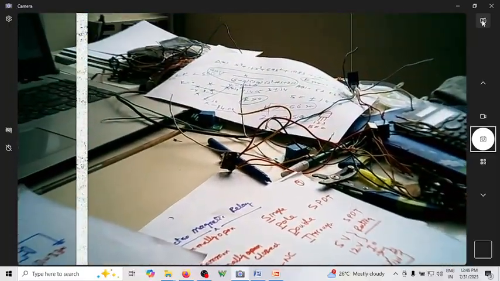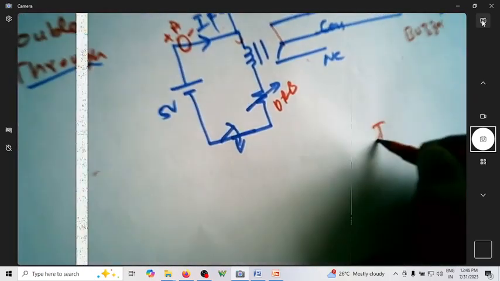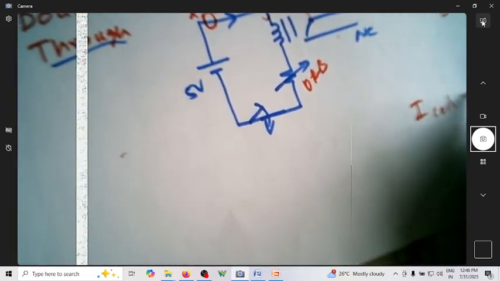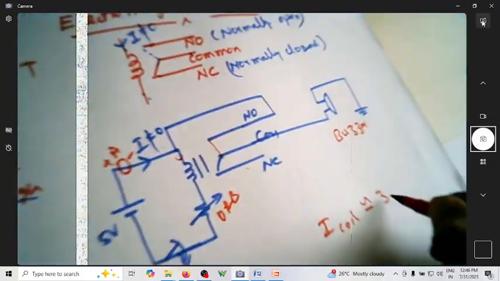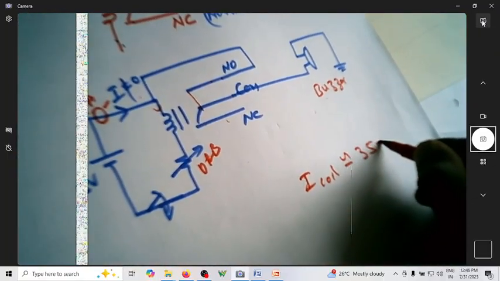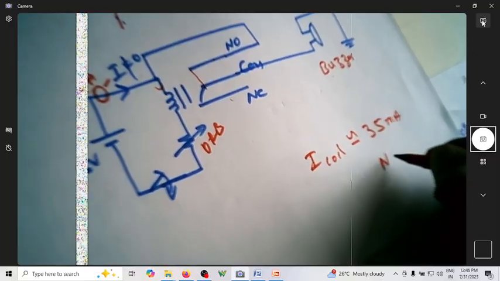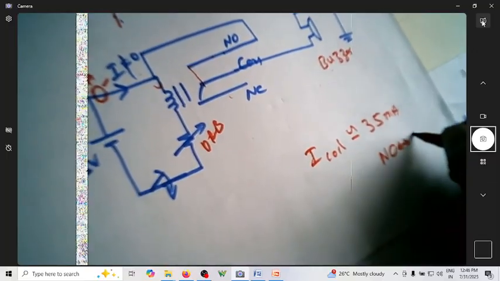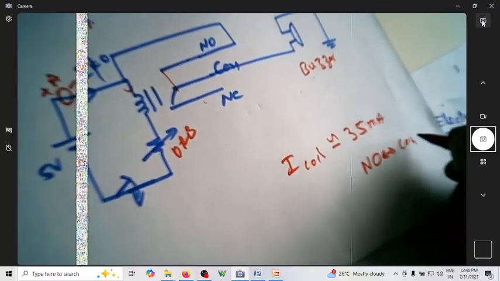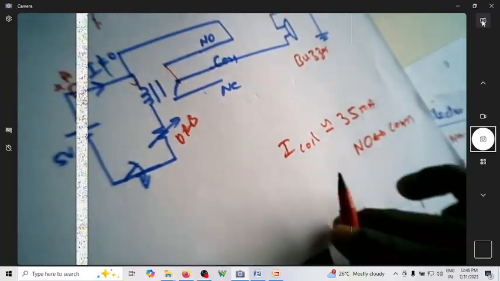Fine. So what is the conclusion? The conclusion here is the current I coil, let me write it here, I coil should be approximately 35 milliamperes so that NO and common are shorted.